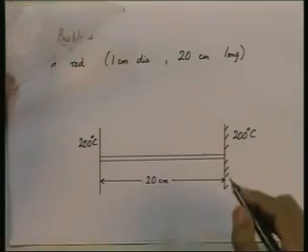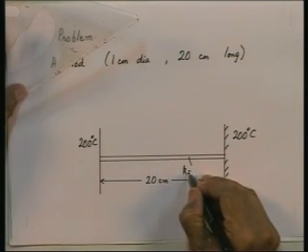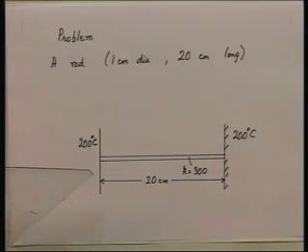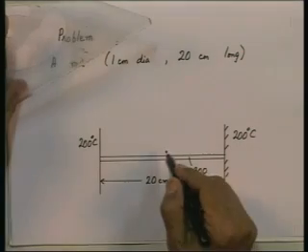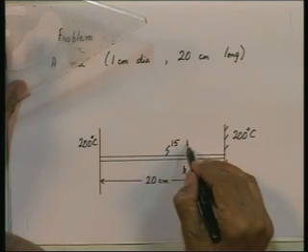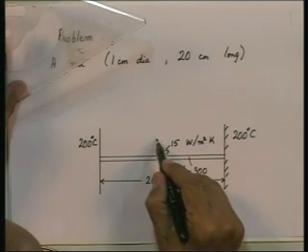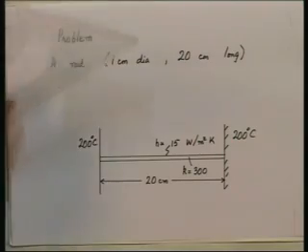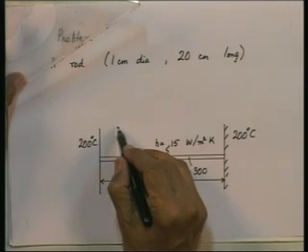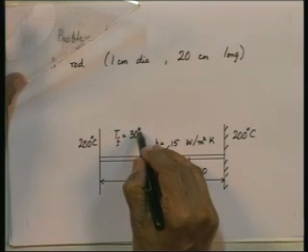We are told that the thermal conductivity K of the material of the rod is 300 watts per meter Kelvin. The heat transfer coefficient at the surface, h, is 15 watts per meter squared Kelvin, and the surrounding temperature Tf is equal to 30 degrees centigrade.